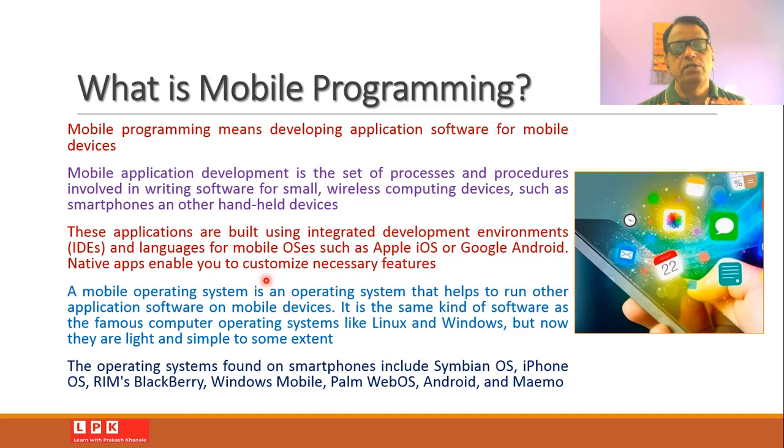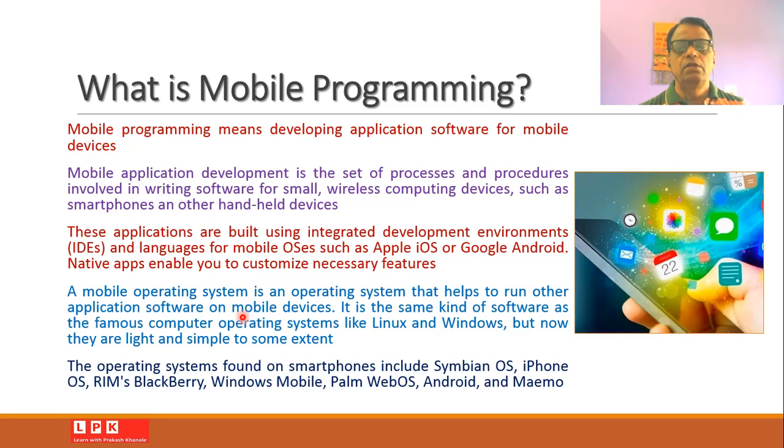A mobile operating system: just like a desktop computer system or a laptop has an operating system, a mobile device also has an operating system that helps to run the other application software on the mobile device. So it is some kind of software, and this software has to be used with the mobile devices.